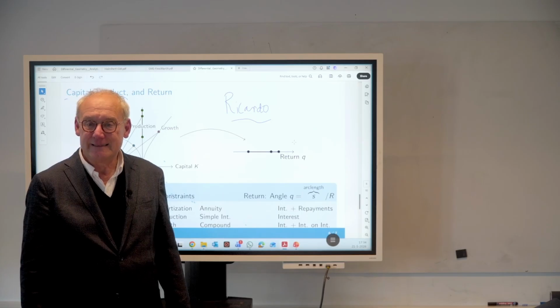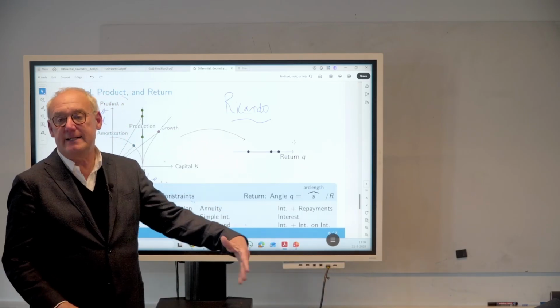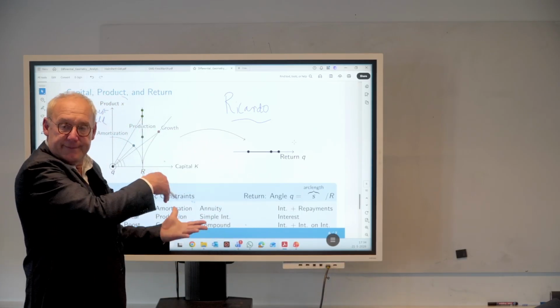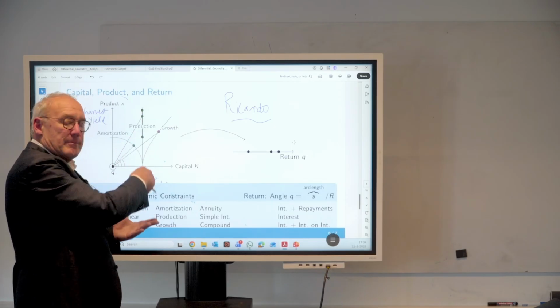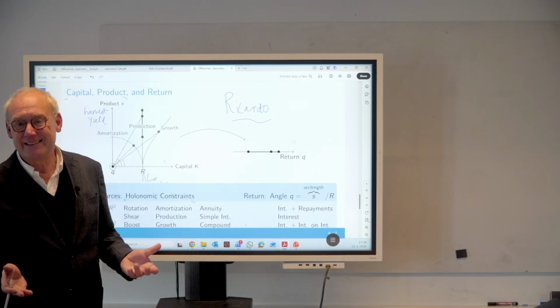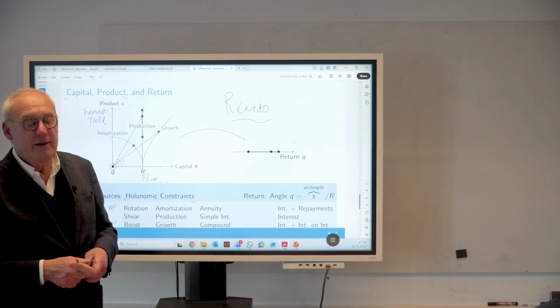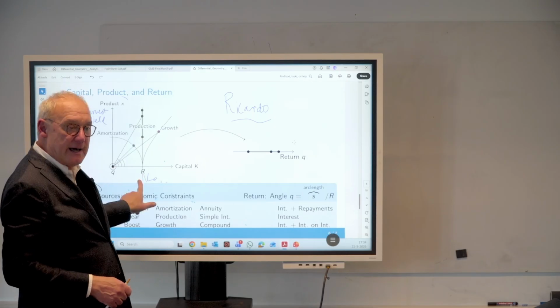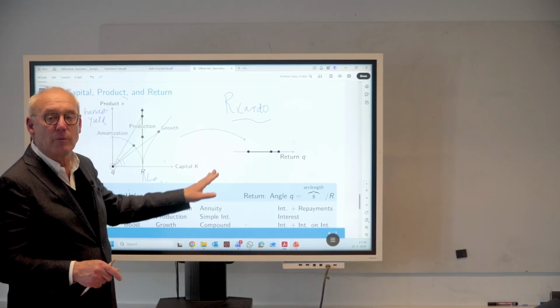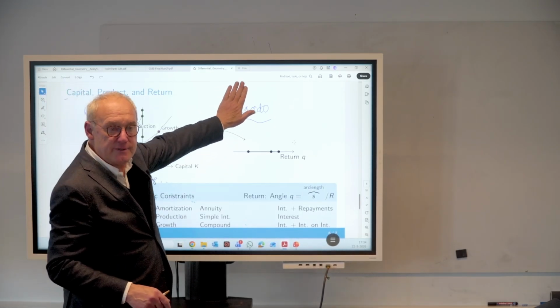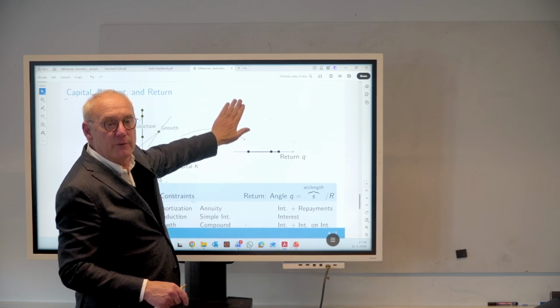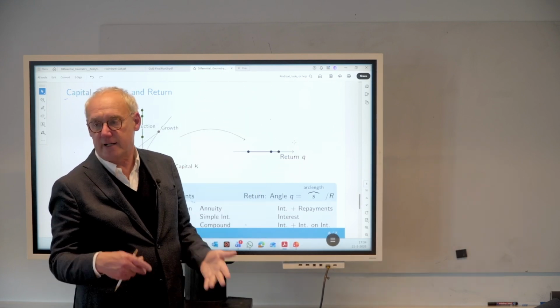Ricardo answered that. He says the value comes from the product of the land, and fertile land is where this product is high, and infertile land where it is low. We'll be able to do the dynamics of this a little later, but in order to do that, we now have to set up the kinematics.